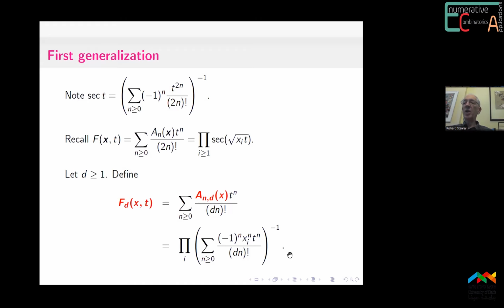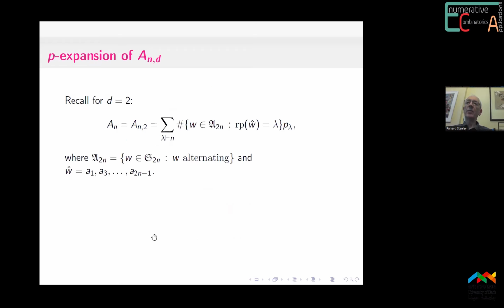It's like a dth multisection of e to the minus x, with this xi to the n, inverse. So I've simply replaced secant with this sum, where we replace 2 by d, and then take the dth root to change this dn to an n. So that's F_d of xt.